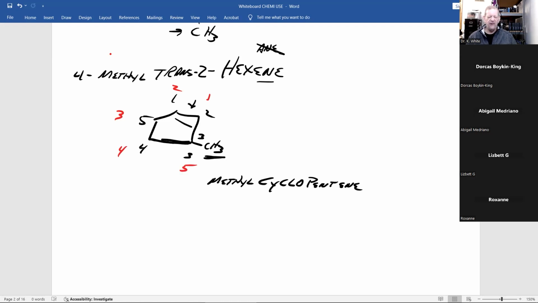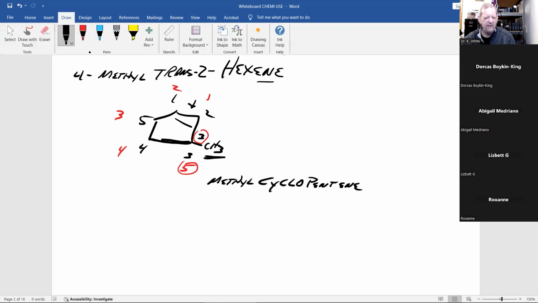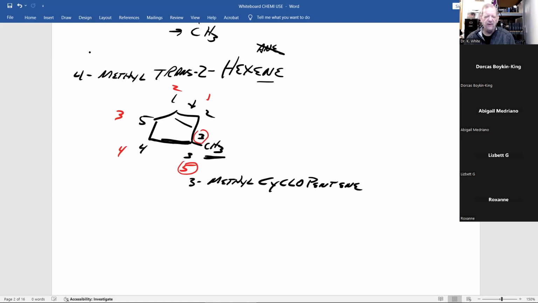So you number in the way that the alkyl groups have the lowest number. And you have a choice, 3 or 5. Which is the lowest number? And time's up. Hopefully you picked 3. And that would be 3-methylcyclopentene.